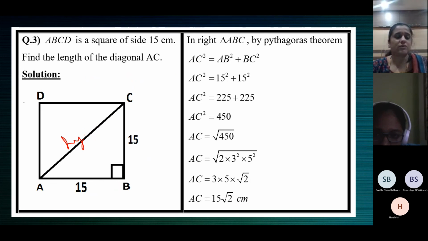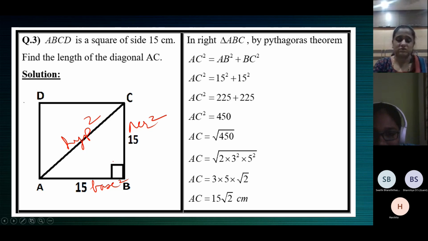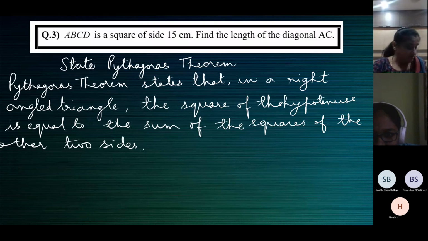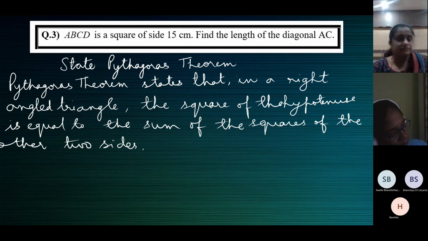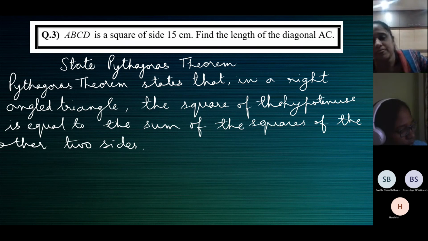If your teacher says hypotenuse, this is the base, this is the perpendicular. If you're saying perpendicular or altitude, perpendicular. So hypotenuse square is equal to base square plus perpendicular square. Correct. Please write this statement, children. Written, all of you?